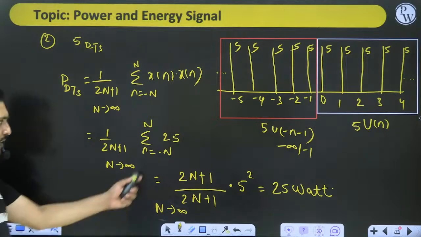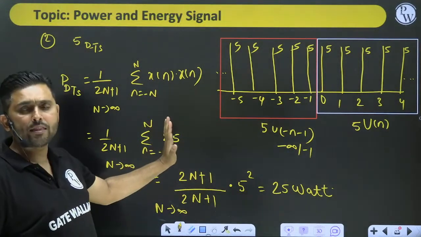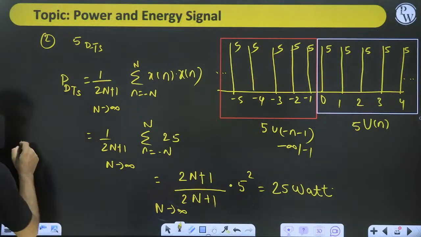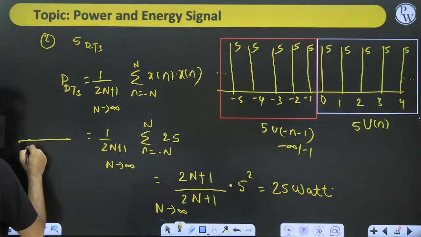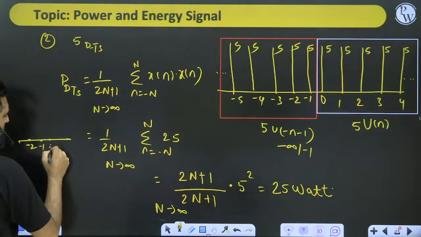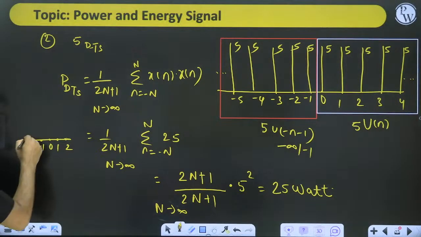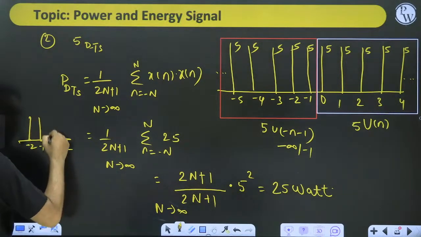This is a finite GP series formula. Let's prove it. If you add 1, from, let's say, minus 2, minus 1, 0, 1, 2. Let's say add 2, 2, 2, 2, 2.